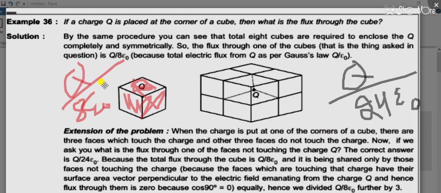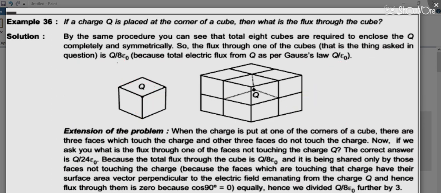So when it is divided into three parts, then we multiply 3 in the denominator, so 8 times 3 is 24. In this way you can also understand. So this is the answer for one face, flux coming from one face, and q by 8 epsilon naught is the answer for this cube.